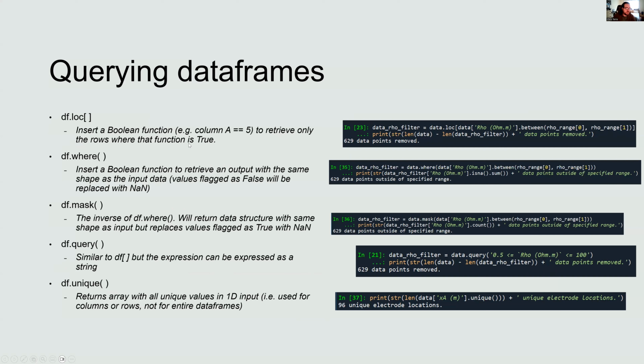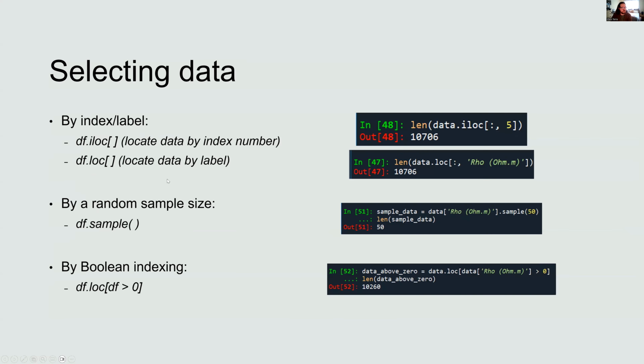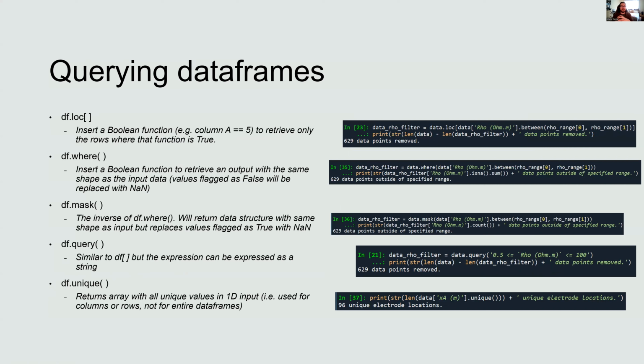When it comes to querying data frames, querying just means that you are in a similar situation to the df.loc down here, trying to pull data from a data frame that meets a certain condition. We talked about df.loc, as you saw here. What I'm doing is I specified some specific range of resistivity values, and now I'm just applying that filter to my data frame.